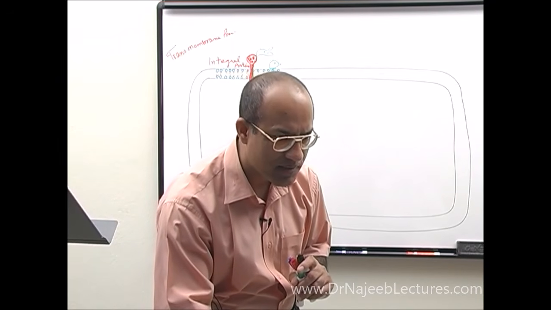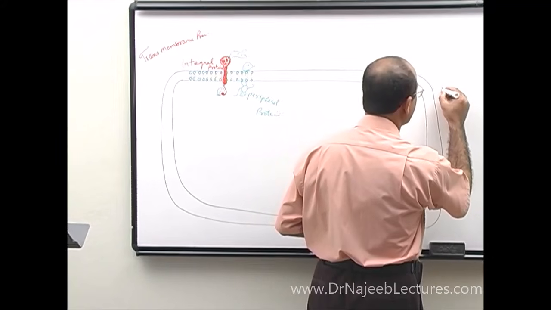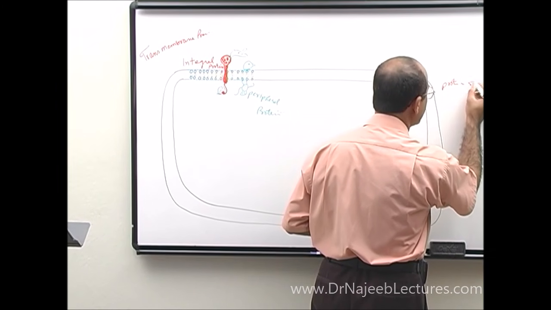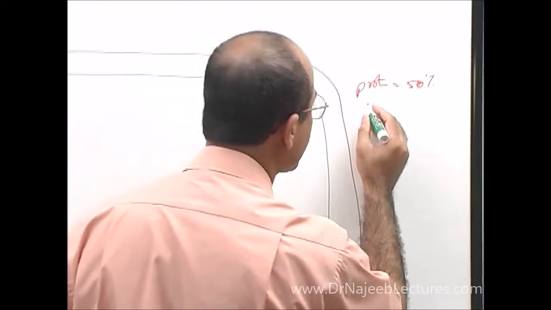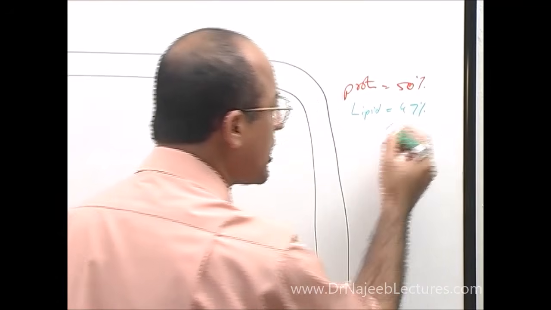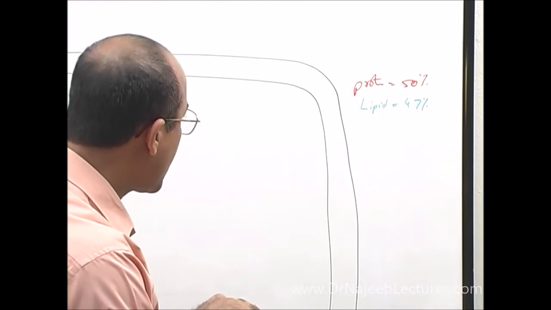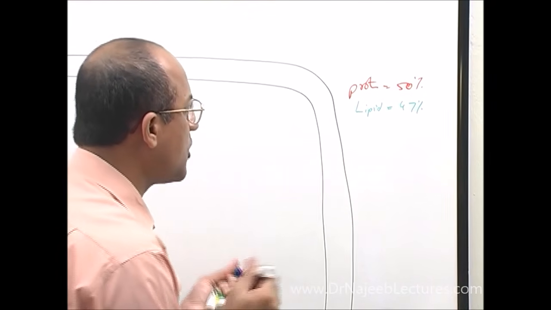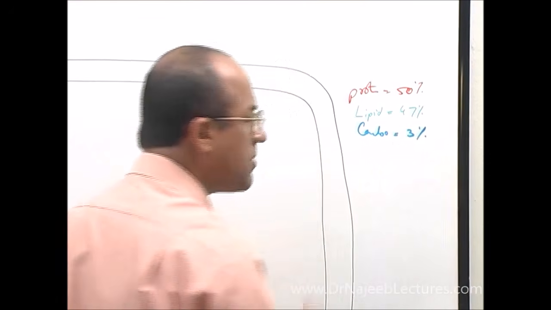A cell membrane has proteins how much? 50%, right? And lipids are about 47%, mostly phospholipid with some cholesterol and other lipids. And then there is carbohydrate. Carbohydrates are only 3% of the membrane.